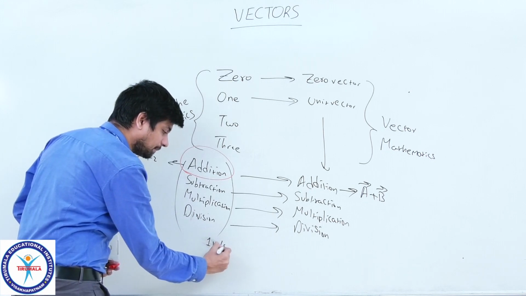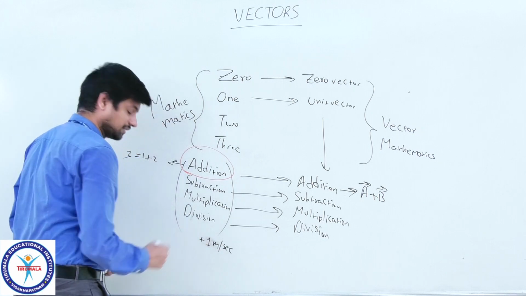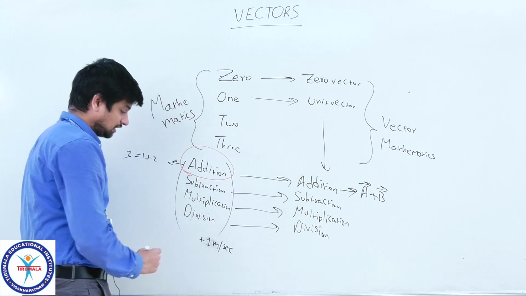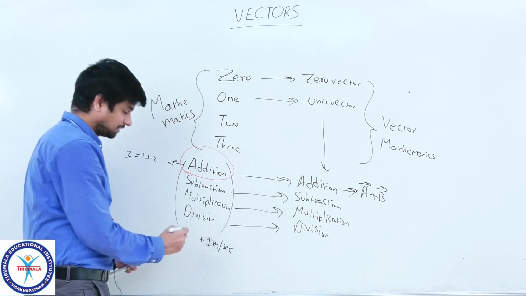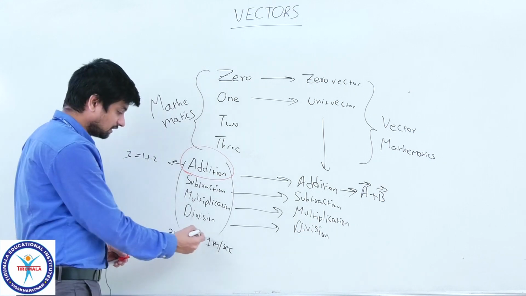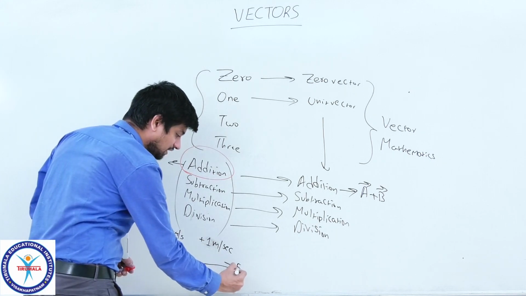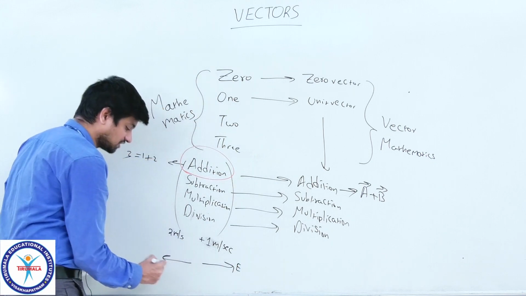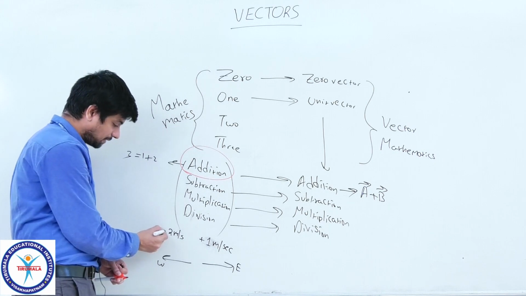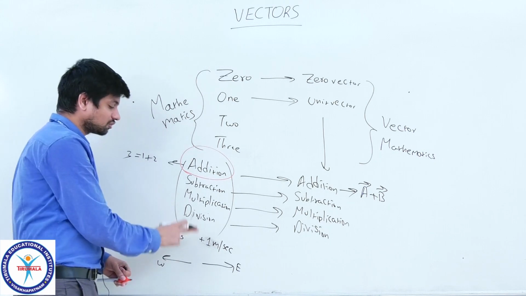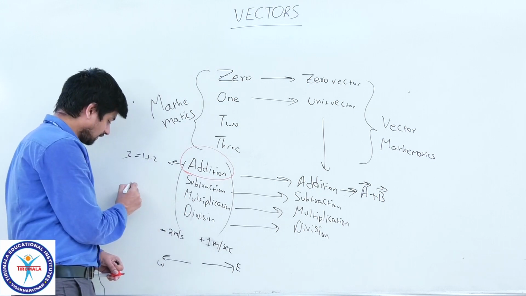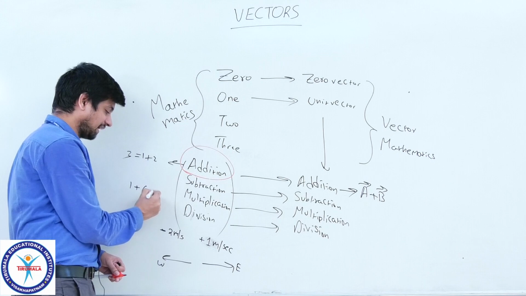That means, children, you are running with a speed of 1 meter per second. And your friend is a runner, he participates in many tournaments. He is running at 2 meters per second, but you are going in the east direction and he is going in the west direction. So I should keep a minus here. Now I want to know the sum of these two. 1 plus minus 2.